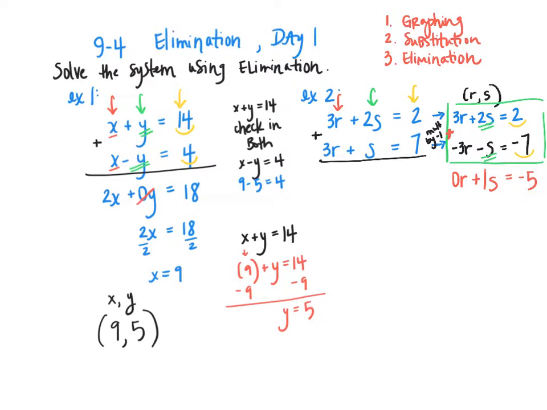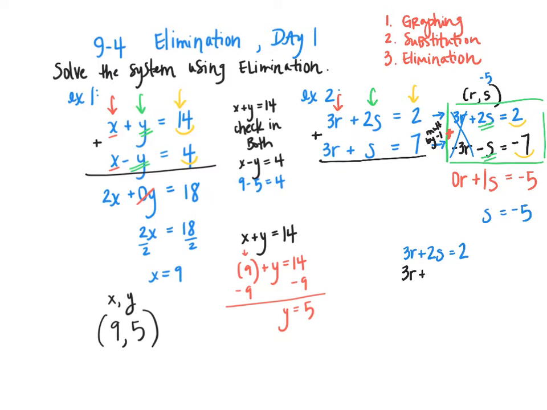So if I simplify, what really was happening is these variables are eliminating. And so I have s equals a negative 5. Now I'm not done yet because that's only part of my answer. And so I'm going to pick the easiest equation for me, then 3r plus 2s. And actually the second equation may be easier, but I'm going to go with this one since that's what I started with.